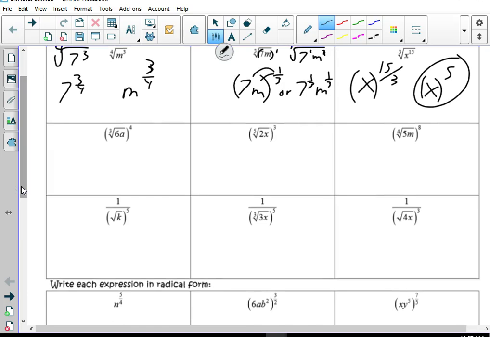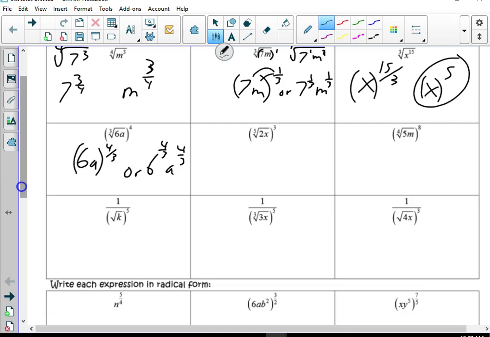Okay. Now here, same as before. We've got the 6a, we have two choices. We can put it in parentheses and do the 4/3. Or, if you want, you can write it this way, individually. It makes no difference. I will accept either one. It's the same thing.